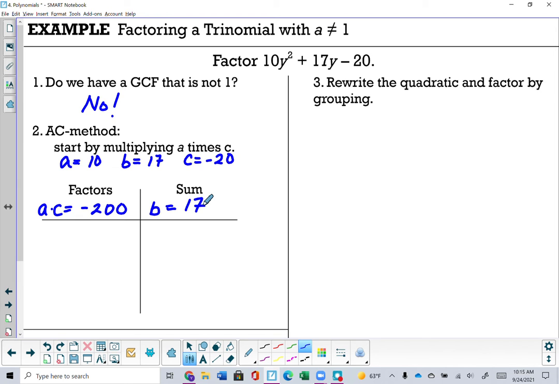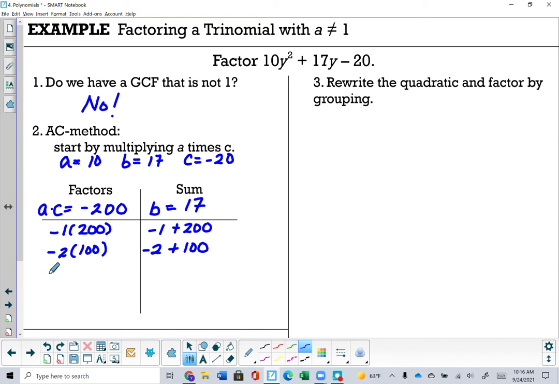And so here we go. I'm going to start with negative 1 times 200. That's not it. Negative 1 plus 200 is not 17. Okay, negative 2 times 100. That's not it, because negative 2 plus 100 is not 17. Let's keep going.